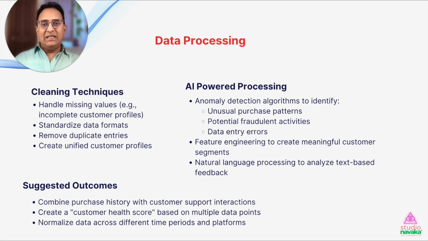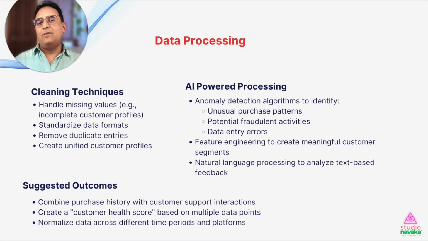And the suggested outcomes of this phase are that you combine your purchase history with customer support interactions and create a customer health score, so that based on the various information you get, you know who your potential customers are, how they are purchasing and why they are purchasing. Reach out to them, ask them, capture that data, and also normalize the data across all the information you're collecting.